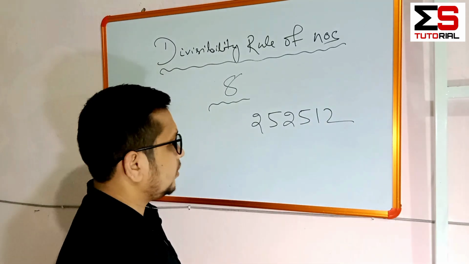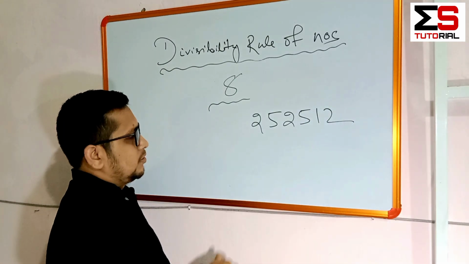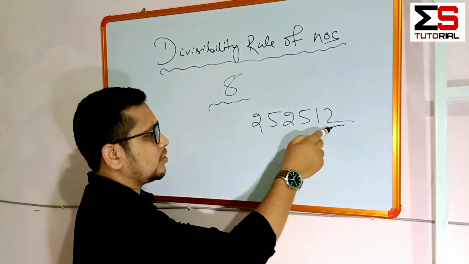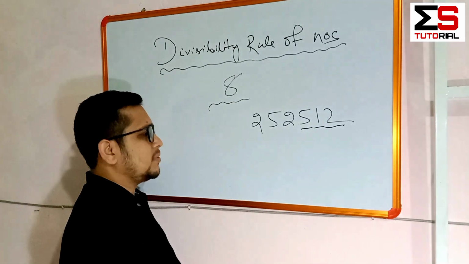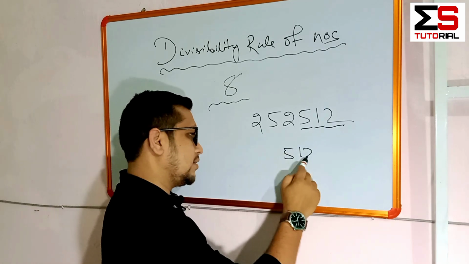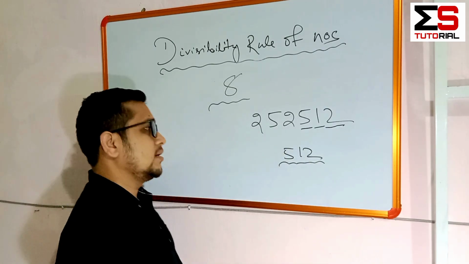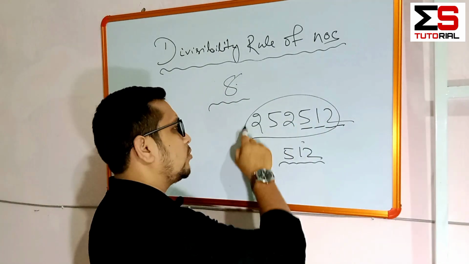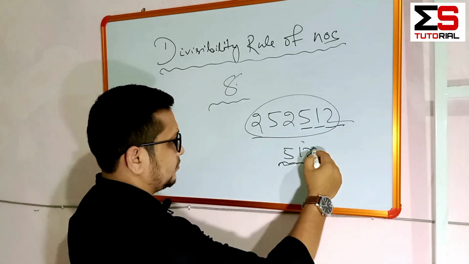2512. Here the number formed from the unit, tens and hundred place is 512. If 512 is divisible by 8, then the entire number will be divisible by 8.